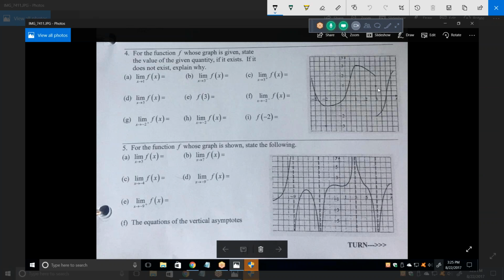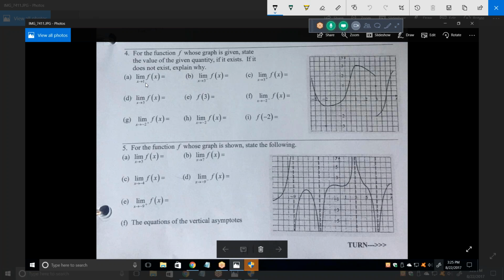And we went over something like this, but if you can get all 9 of these right, then you understand limits. Okay? What's the limit of the function as x approaches the number 1?